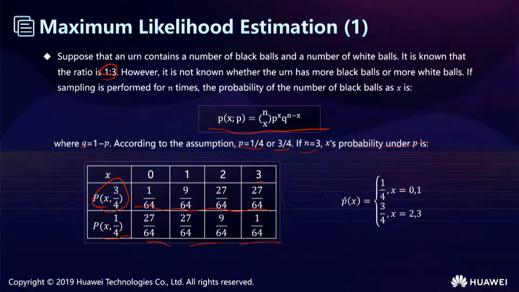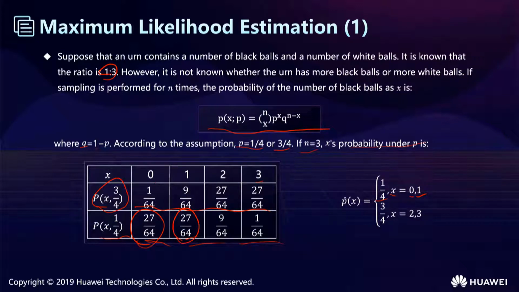So when x is equal to 0 or 1, we choose p equal to 1/4, because the probability is larger.